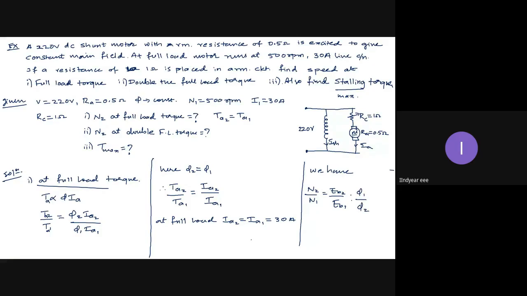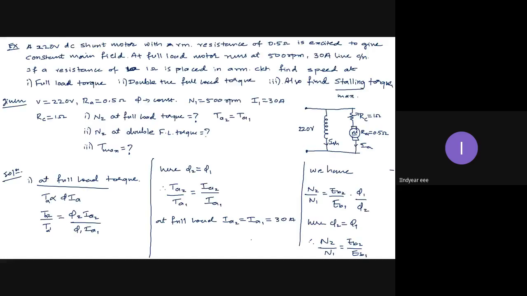But phi 1 and phi 2 are equal for my shunt motor. Here phi 2 is equal to phi 1. Therefore, N2 by N1 is equal to EB2 by EB1. Now I have to find out EB1 and EB2.